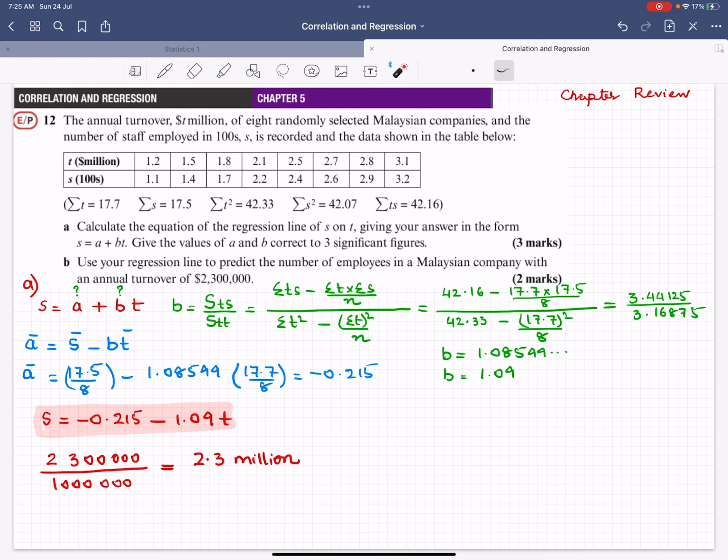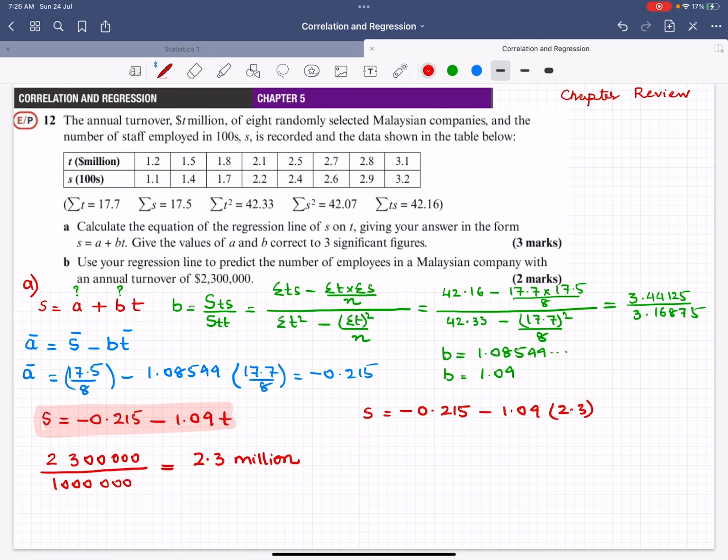So now we can plug in the value which is in millions in place of T and calculate S, which is number of employees in hundreds. So we plug in the value. S is equal to negative 0.215 plus 1.09 into 2.3.